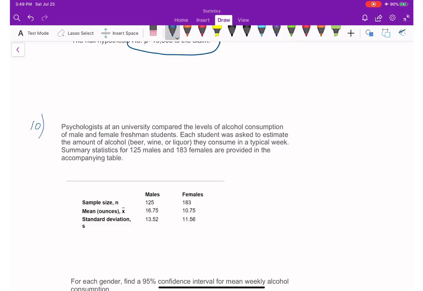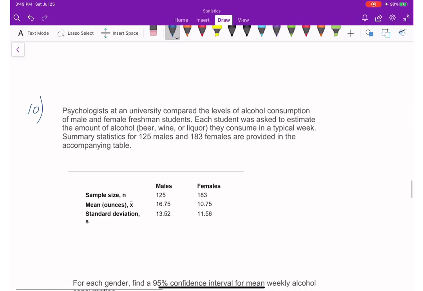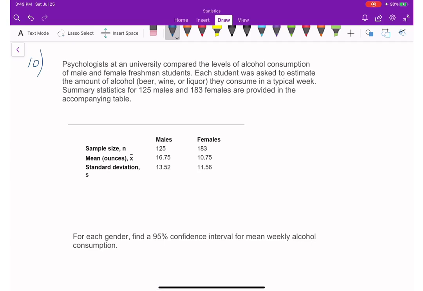Summary statistics for 125 males and 183 females are provided in this table below. Okay, for each gender, find 95% interval for mean weekly alcohol consumption. Okay, let's do for the male first.